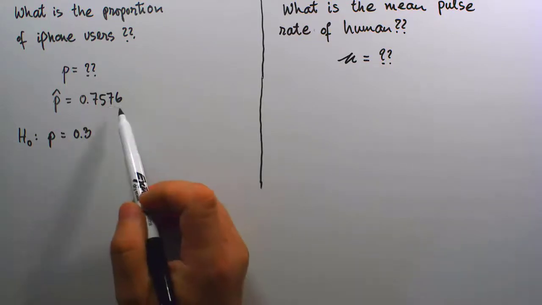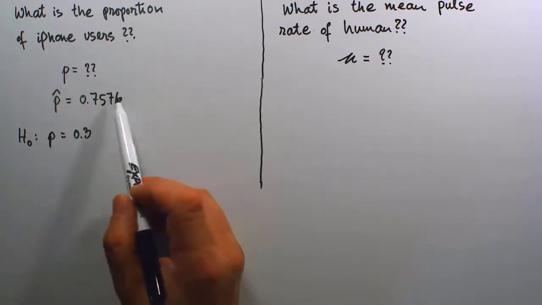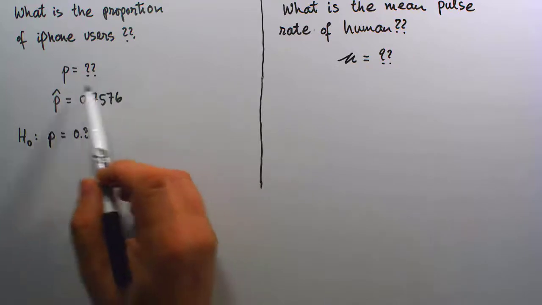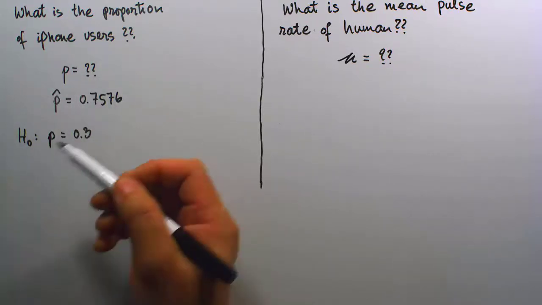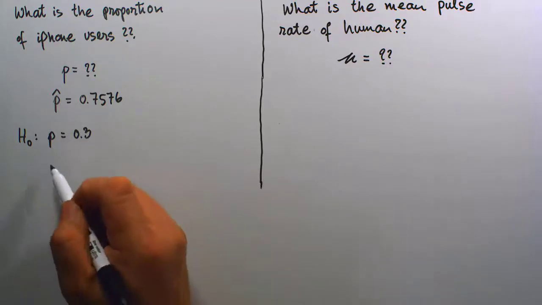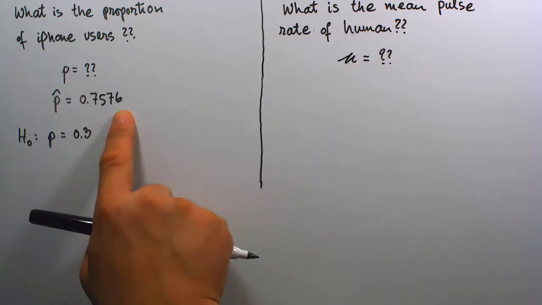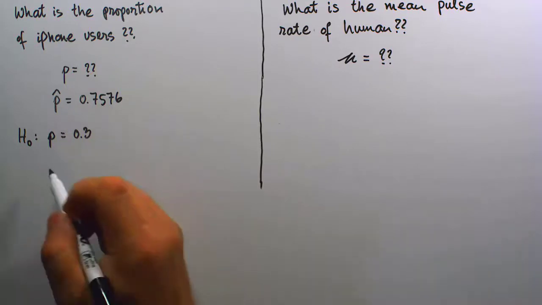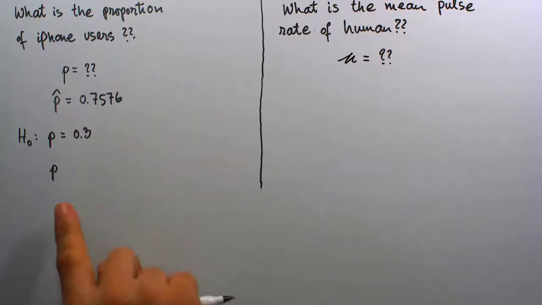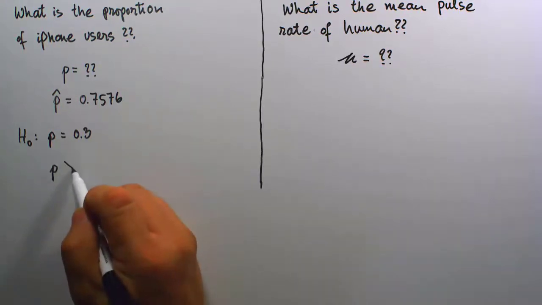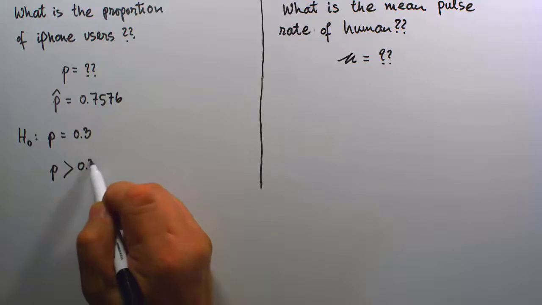So now for any of us, after seeing and observing the evidence, the sample, we're going to start making a counter argument. And the counter argument from us here, made from observing the evidence, the sample, is that, hey, maybe the actual proportion should be higher than 0.3.